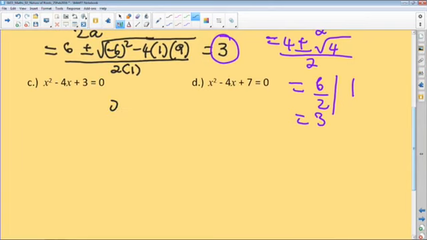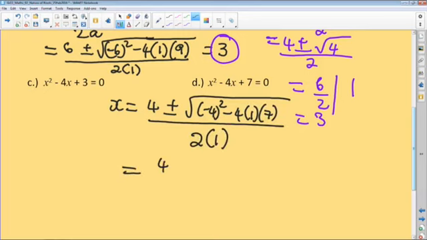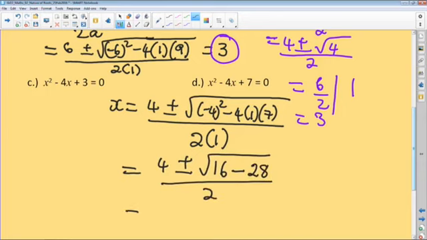So your x is minus b, so it's minus minus 4, which is 4, plus or minus the square root of minus 4 squared, minus 4a is 1, and c is 7, all divided by 2 bracket 1, which gives us 4 plus or minus the square root of 16 minus 28, that's a negative 12, all over 2.